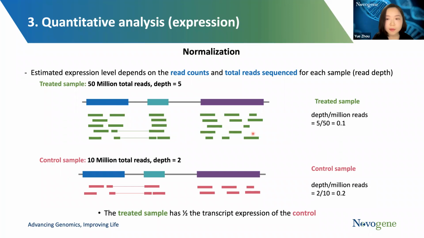But actually, if you also take the total reads into consideration, after calculation the treated sample has just half the transcript expression of the control. So this is about comparisons between samples, and the importance of taking into consideration the total number of reads sequenced.